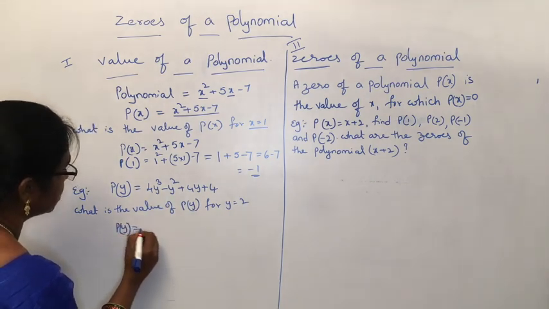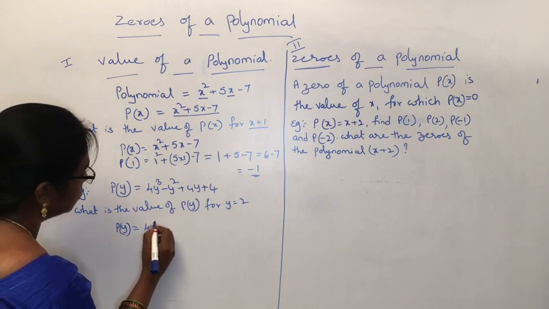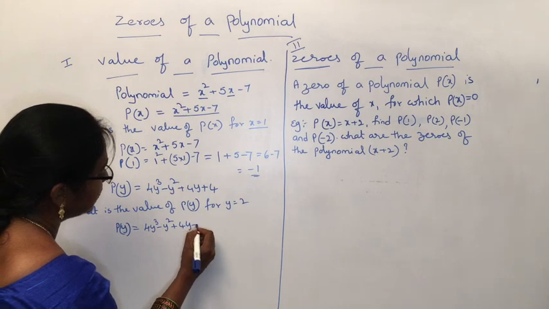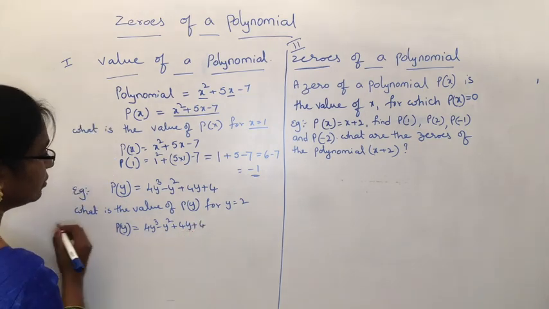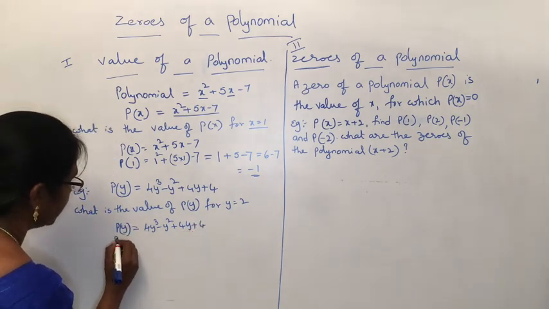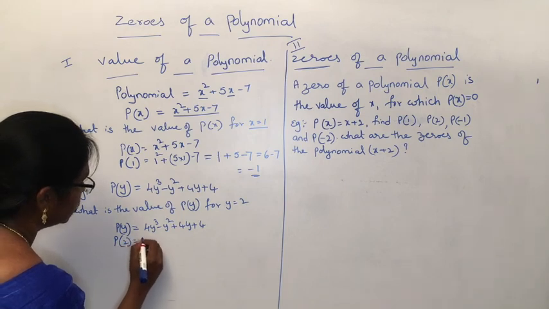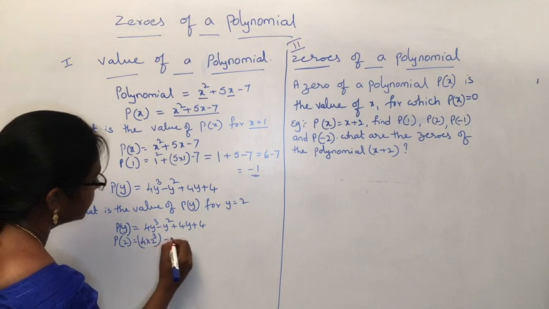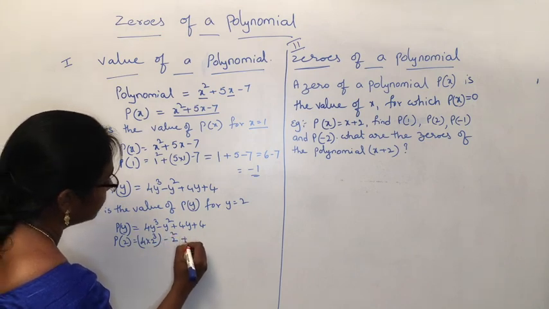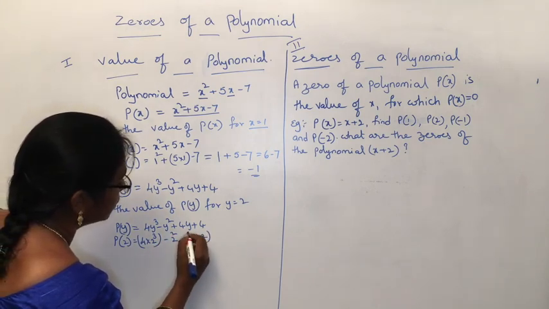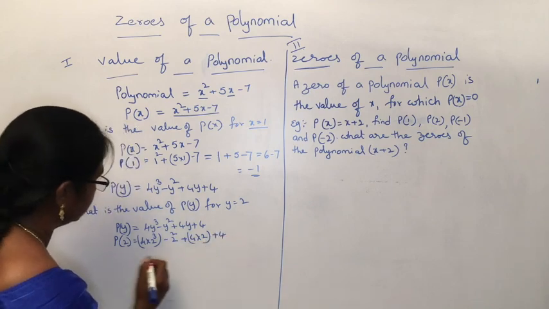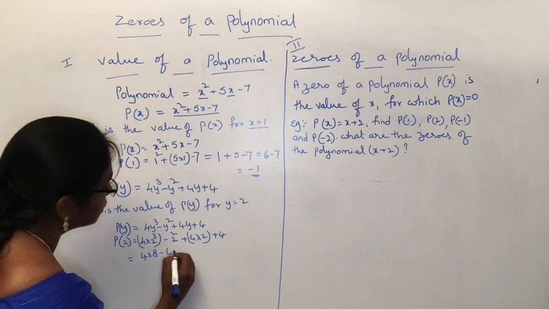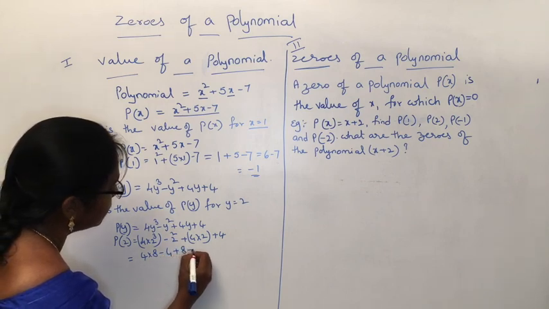Now P of y is equal to 4y cube minus y square plus 4y plus 4. Instead of y what do we substitute? 2. Then P of 2 is equal to 4 into 2 cube minus 2 square plus 4 into 2 plus 4, is equal to 4 into 8 minus 4 plus 8 plus 4.